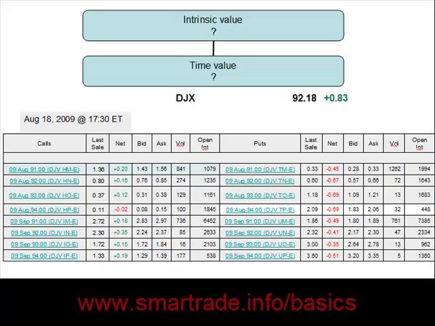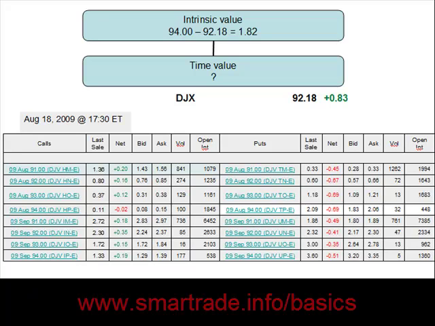To get the intrinsic value of the put option, we have to take the strike price minus the stock price. Notice that having the right to sell the stock for $94 rather than the going price of $92.18 has an immediate value of $1.82. Now, to get the right, you had to pay the premium of $2.06.